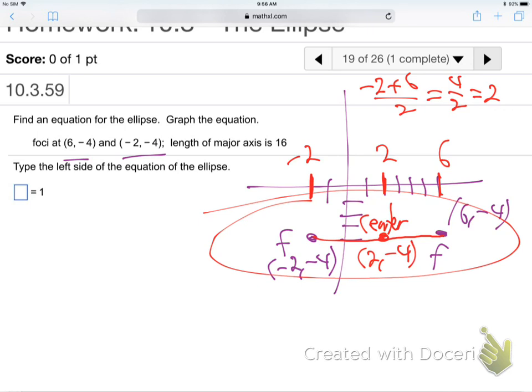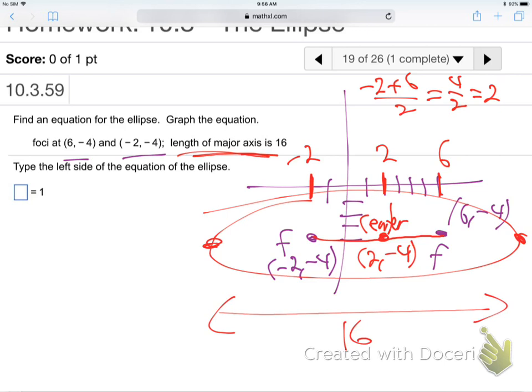Now, from there, what do I do with this length of major axis is 16 thing? What does that mean, length of major axis? What's the major axis? It's sideways on this one, right? It's the longer direction. So when they told me length of major, they mean from edge to edge is 16. From here to here, from there to there is 16.